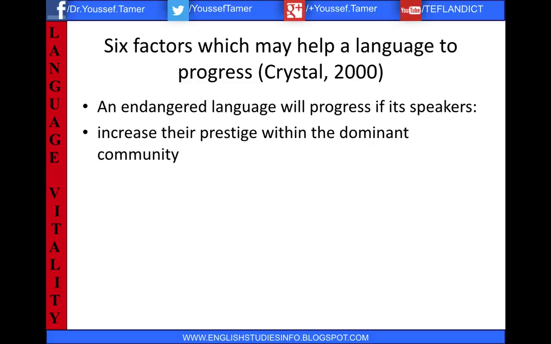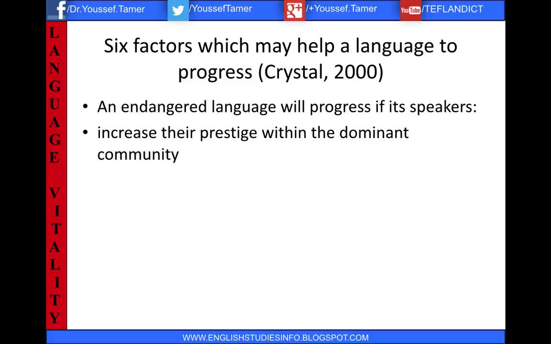That is to say, if you have a group of people, and this group of people adopt their language that is a little bit ignored and neglected, less powerful, less prestigious, now this group starts to increase the prestige of their language within the dominant community.